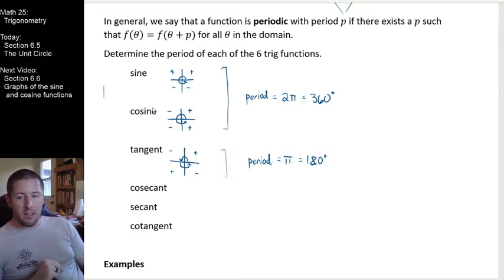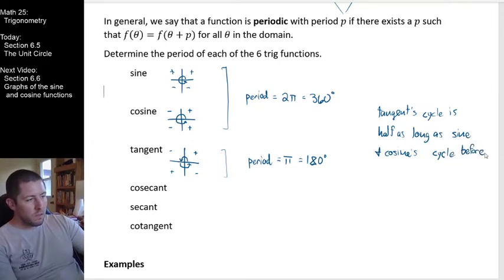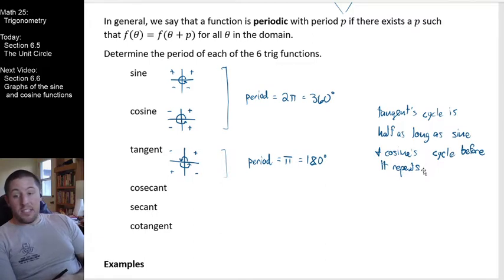So the tangent cycle is half as long as the sine and cosine cycle. So that's different there.